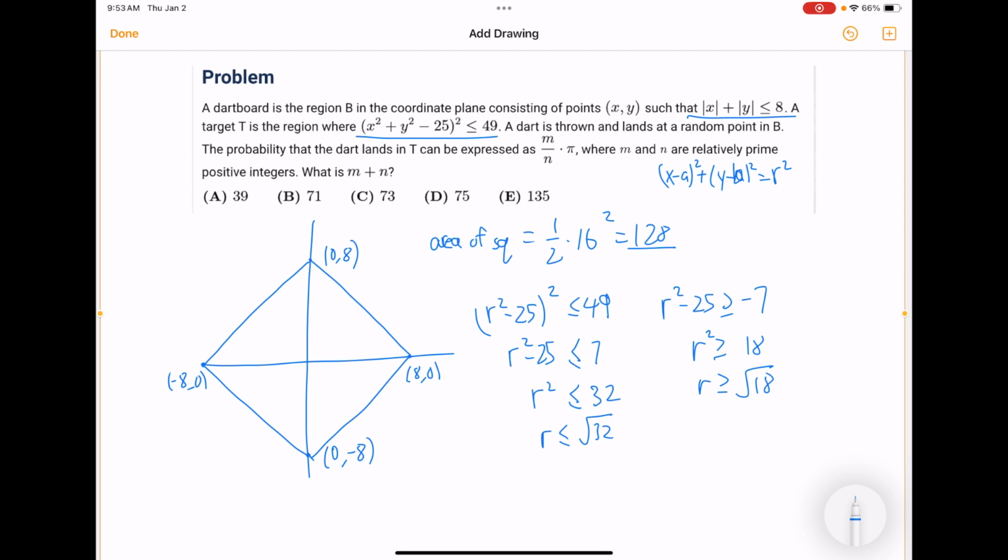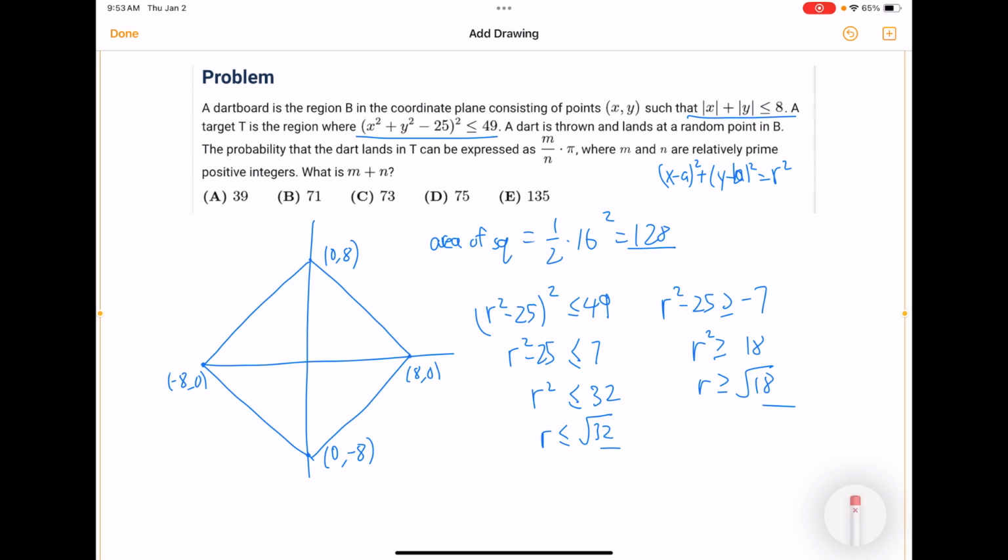So these two tell us that the intersection of these two inequalities is the circular region T that we're trying to find. For every circle in T, it has a radius between the square root of 18 and the square root of 32. So basically, it'll look like this.